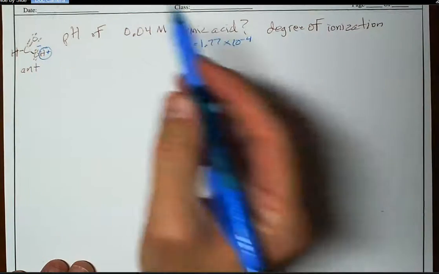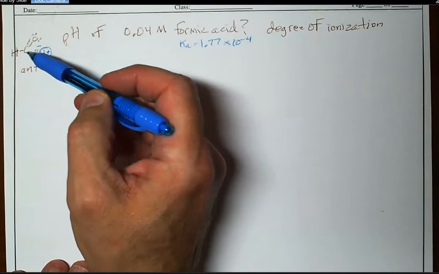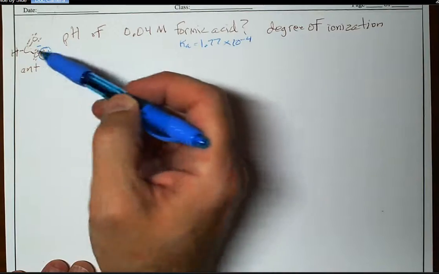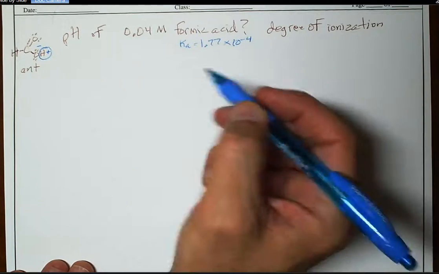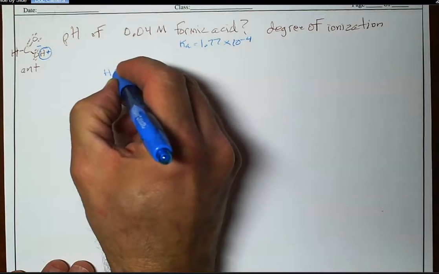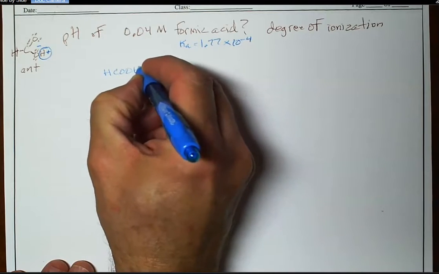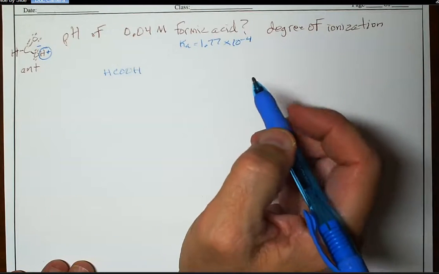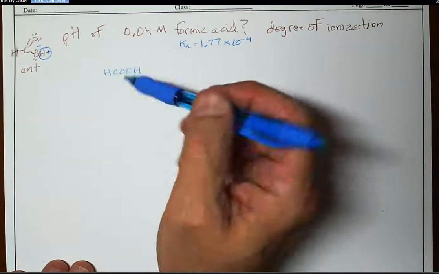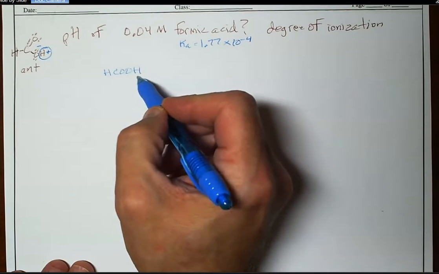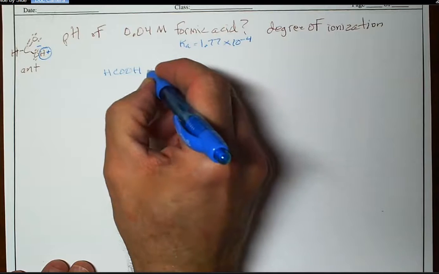So, formic acid, most commonly you would see it probably written as HCOOH. And again, H comes off. It's this one over here, which would be this one here in the way it's done in organic chemistry.